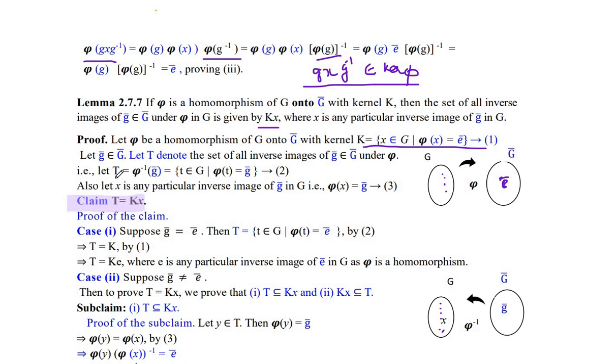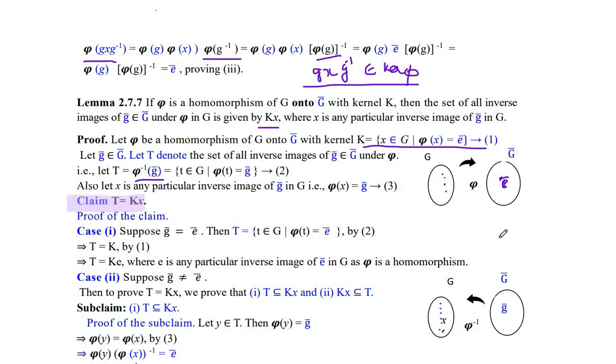That is how the inverse image of an element is described. But by the definition, phi inverse of G bar, inverse image of G bar in capital G bar, if you consider that, the inverse images will be present only in the domain, meaning the domain of phi. So for phi inverse, you have phi inverse of G bar.